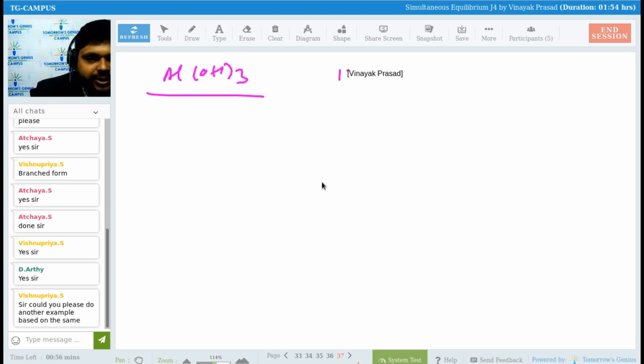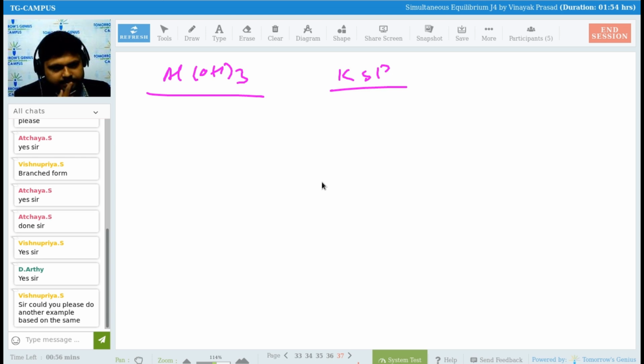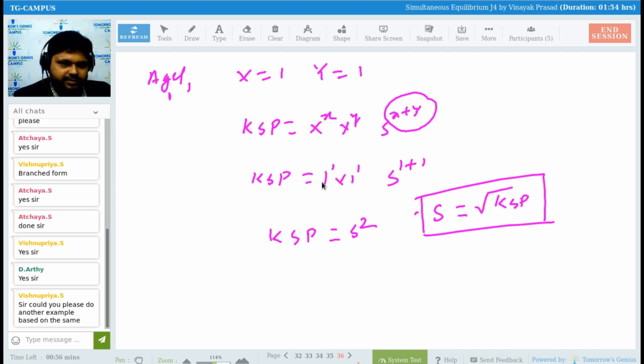What is the value of Ksp that you have to find here? You can take help from this equation and use it in the second question.